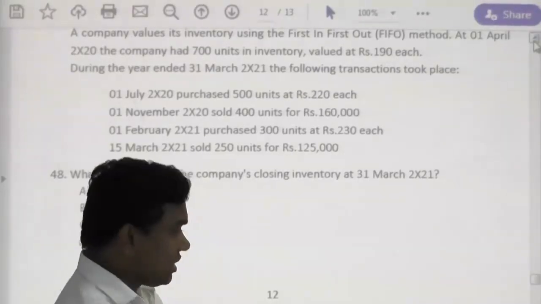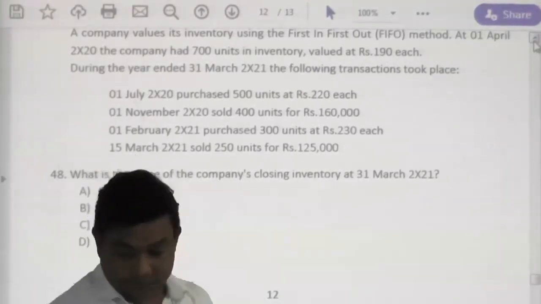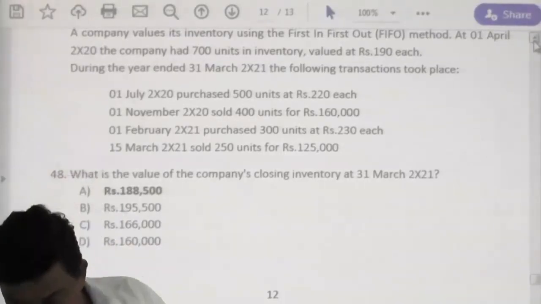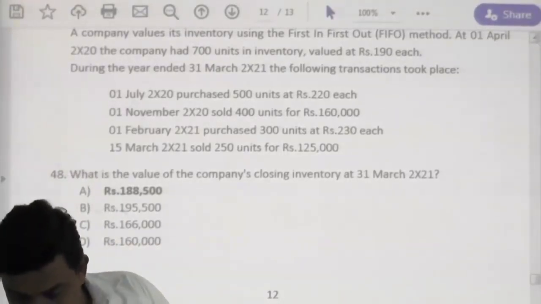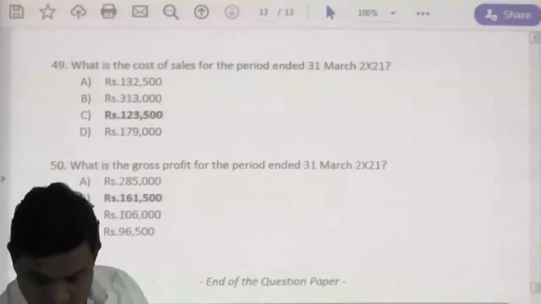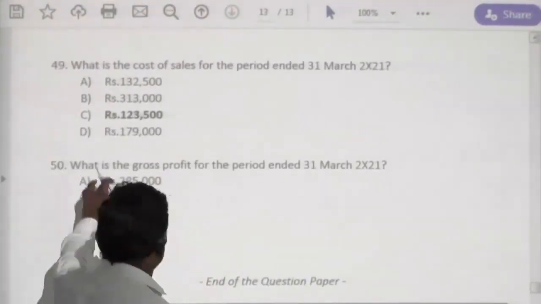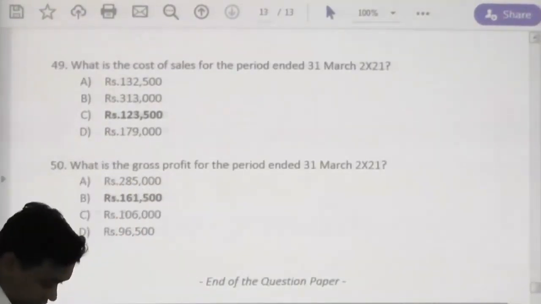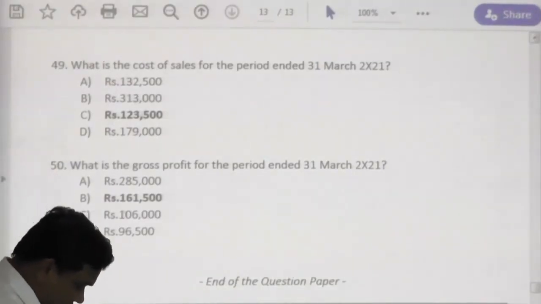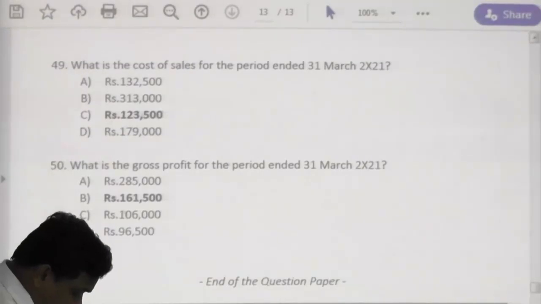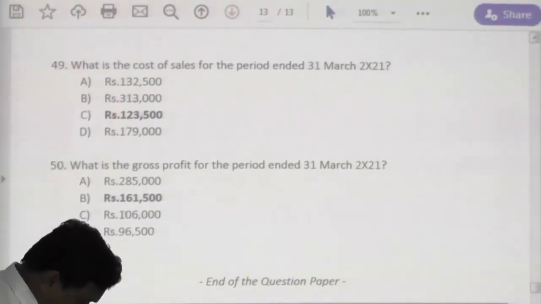Then total sale value during the period is 285,000 minus the cost of sale we calculated. We already calculated cost of sale in question number 49. Cost of sale 123,500. We will reduce that cost of sale from total sales. That is 123,500 we will reduce from the total sales.